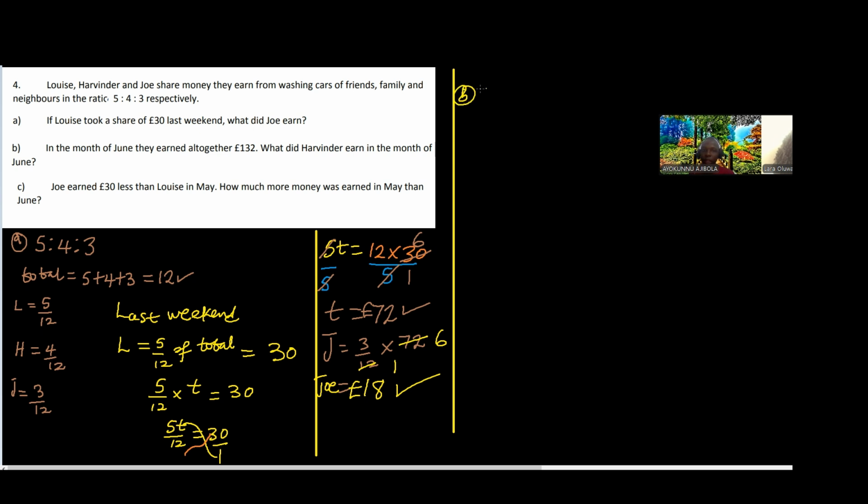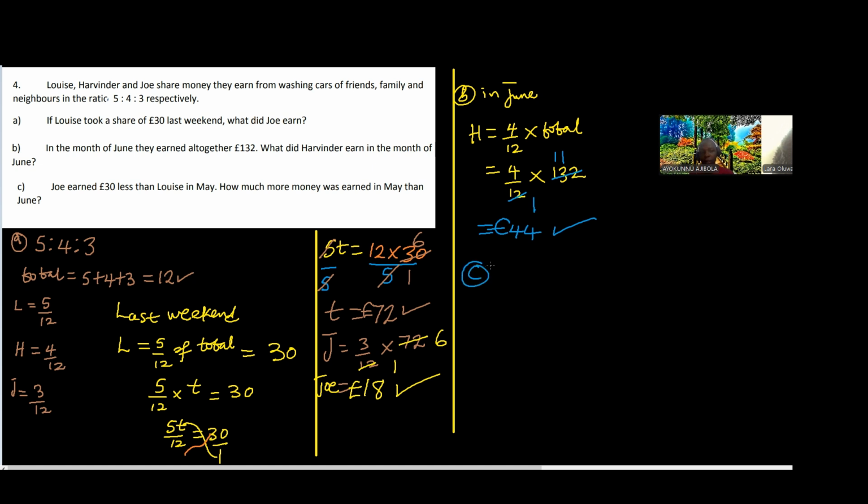So in June, Harpinder equals 4 over 12 times the total, which is 132. How many 12s are in 132? That should be 11, because 11 times 12 is 132. So I have 4 times 11, which is 44 pounds. That's the answer to that.